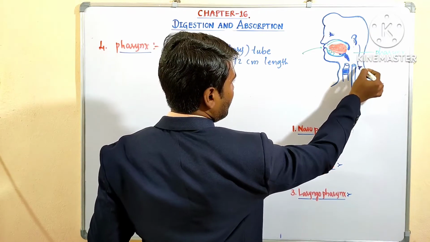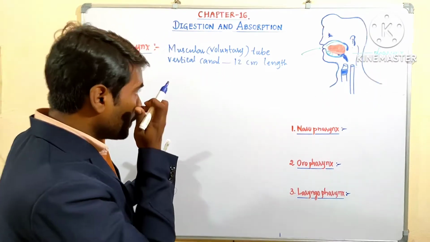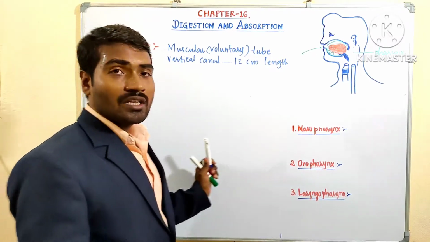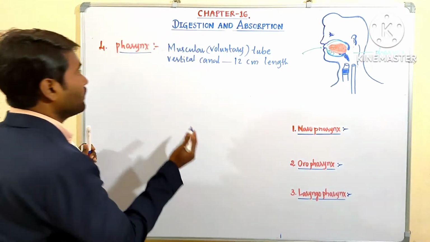It extends from here to here, 12 centimeters. It is a conical shaped tube, like an ice cream cone. That is called the pharynx.